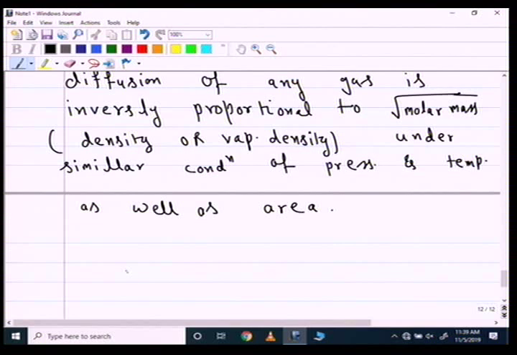So it simply says that rate is inversely proportional to molar mass. This is the first statement.